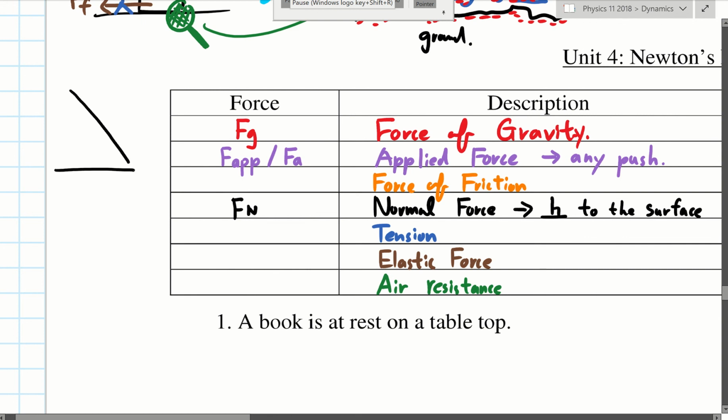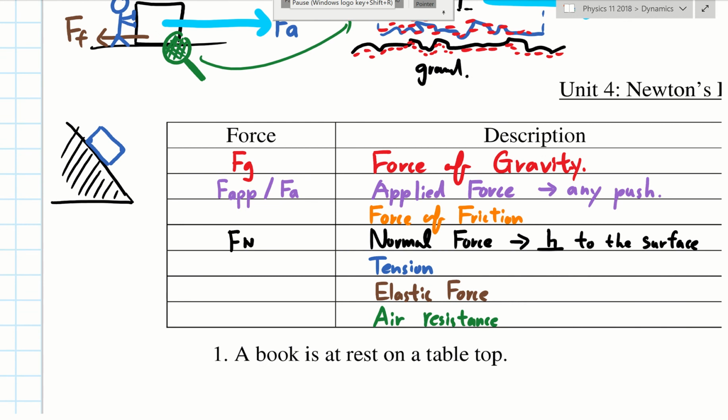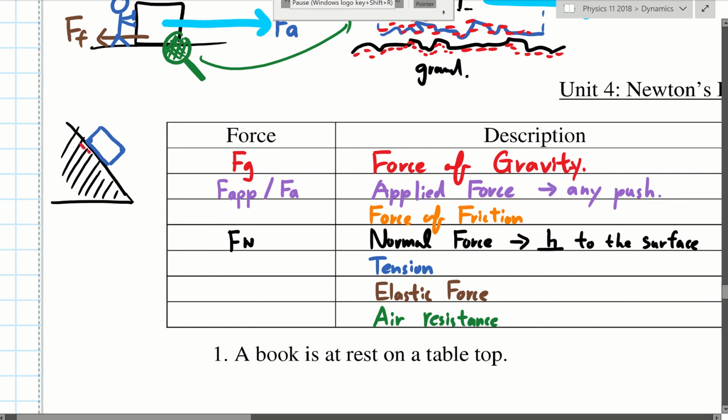What if you have a mountain or a hill, a slope like this, and the object is sitting here? Okay, so this is your box. Which way does normal force point? Now you have to remember, what is normal force? The electrons on the surface of the object repelling the electrons on the surface of the slope. That comes out weirdly, but that's exactly what it is.